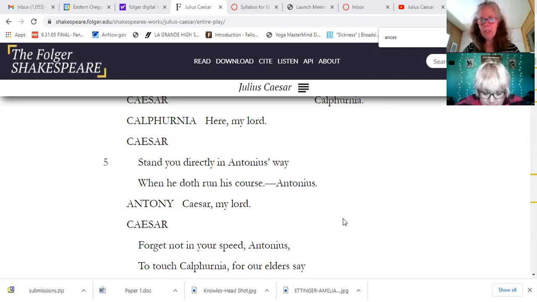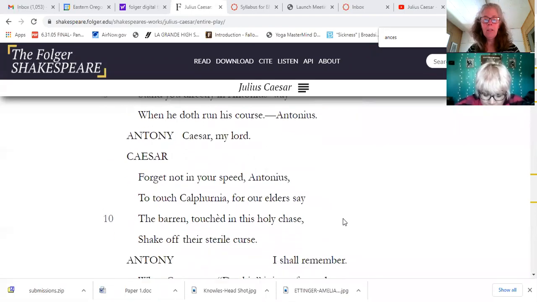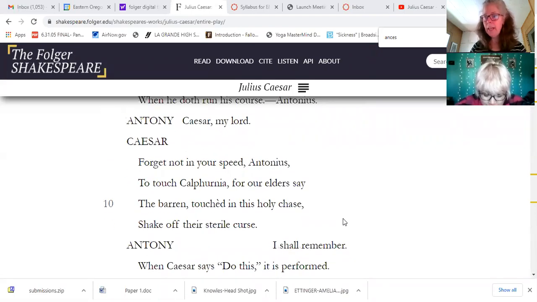As part of the celebration, they're going to run this course, and Caesar says, touch, as you pass, touch Calpurnia, because she's barren, right? So she can't have children, and Caesar's eager for an heir, right? And in a republic, you wouldn't necessarily pass your seat to your son, but in a monarchy, you would, right? So there's some sign there that Caesar's interested in ruling in full, right?